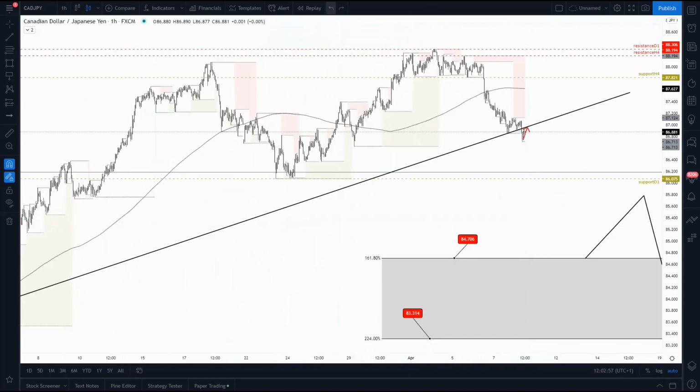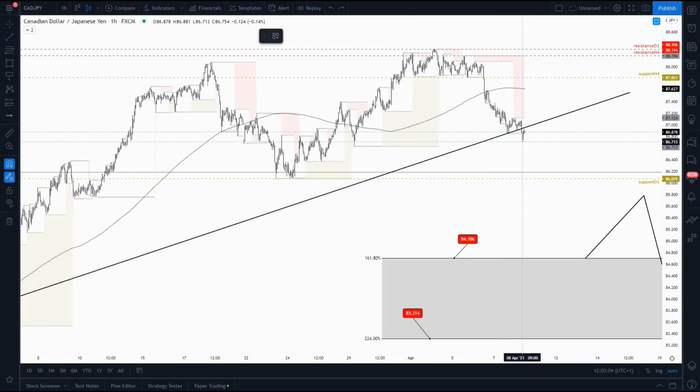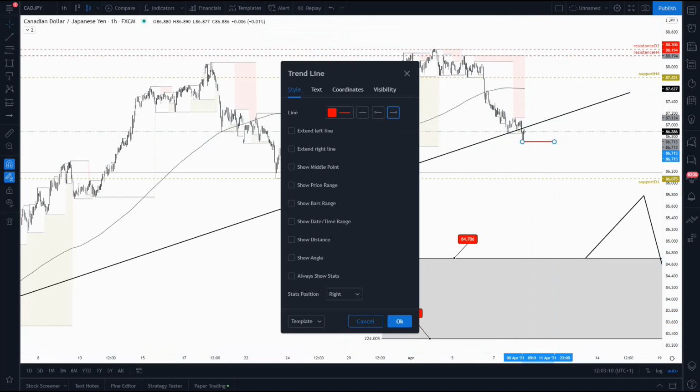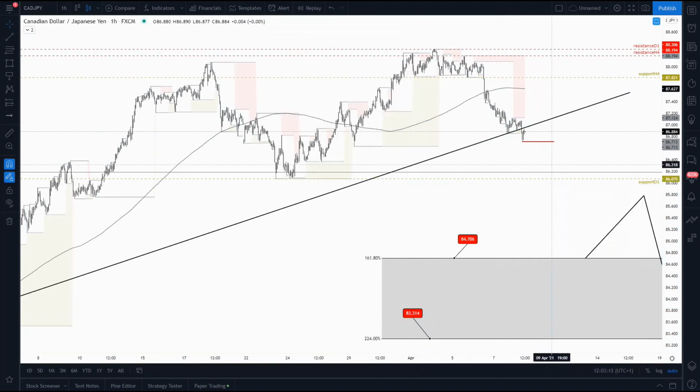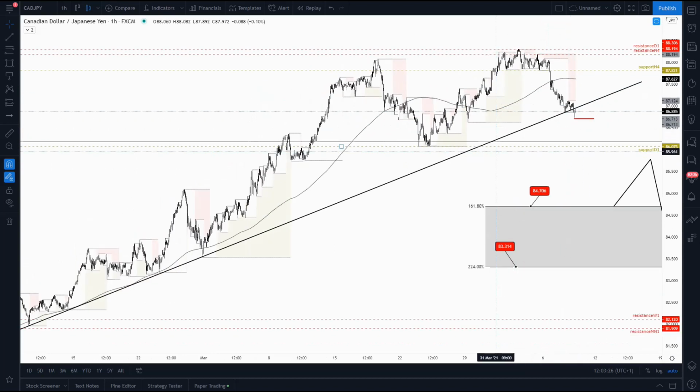So if the market decides to reject this trend line resistance, let's admit, if the price decides to trade below the most recent lows, that should trigger more downside for sure, because for now, it can happen as a false breakout of the trend line, a false breakout of the previous structural lows, the most recent ones, and if that happens, a bounce will not be a surprise.